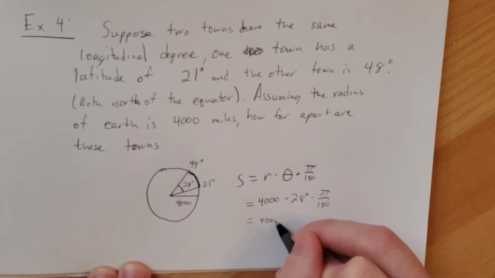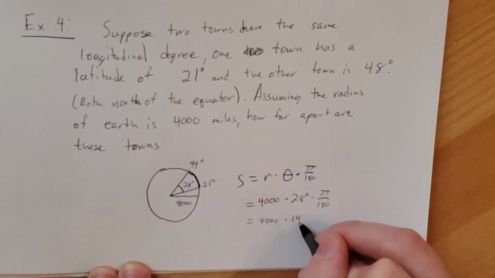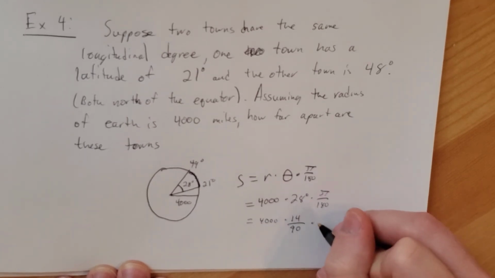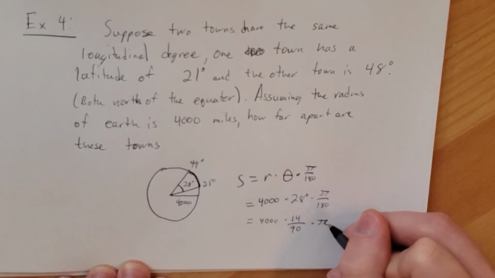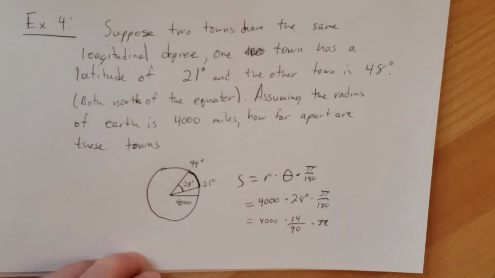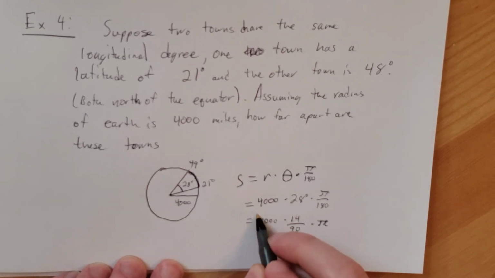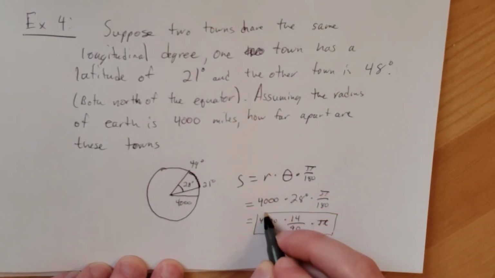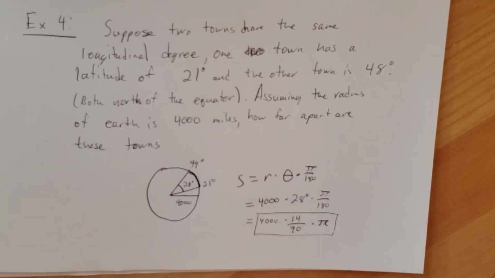This is 4,000 times 14 over 90 if we reduce, times pi. And then I don't have a calculator with me, so plug that into your calculator to find a decimal value. But we should get the distance between the two cities by plugging that into our calculator. And that'll do it for the end of this video.